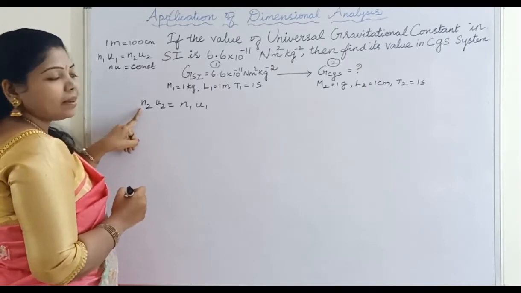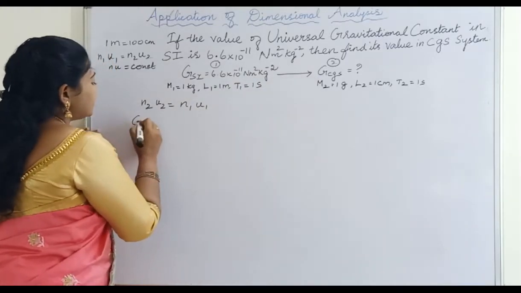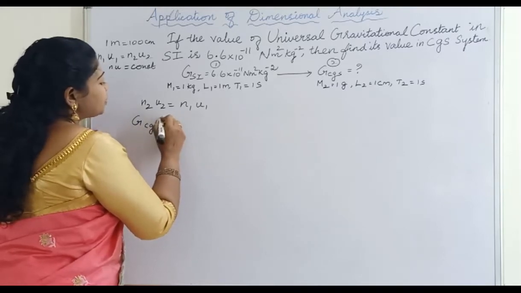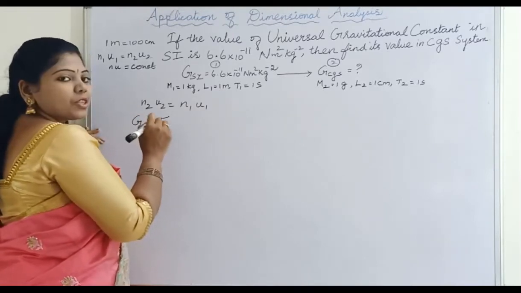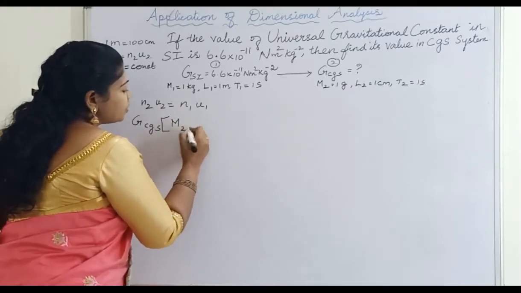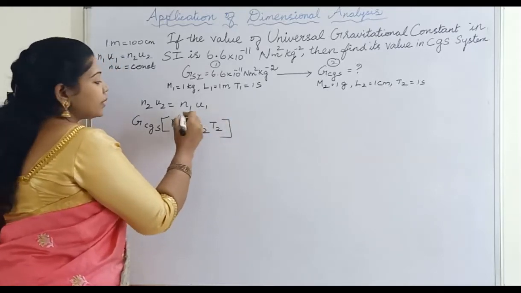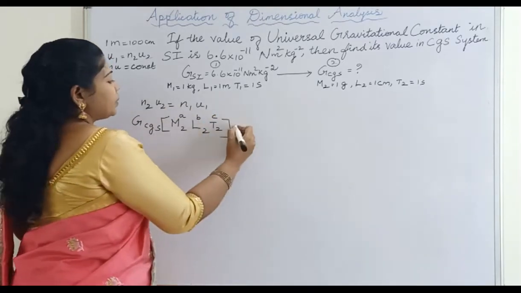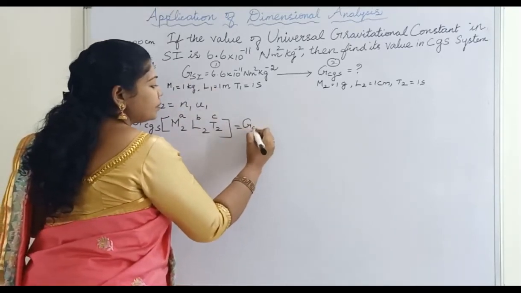N2 is the numerical value of G in the second system, so it is G CGS, into U2, where I write the dimensional formula for G as M2 L2 T2 with powers we don't know, so we take them as A, B, C, which is equal to N1, the numerical value of G in the SI system.